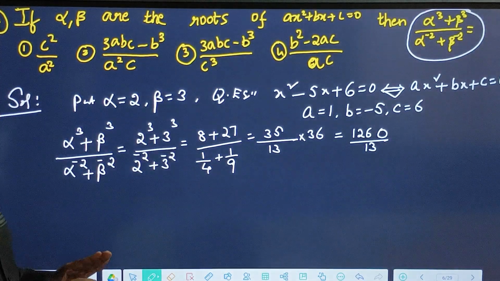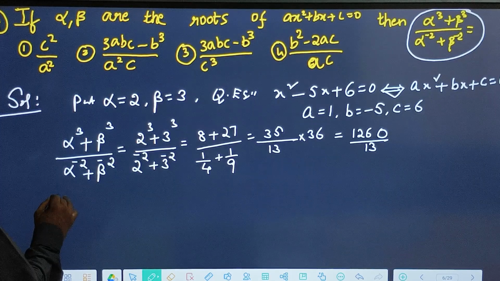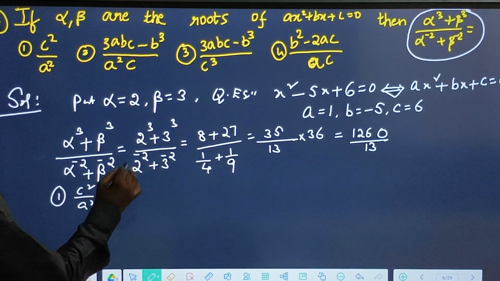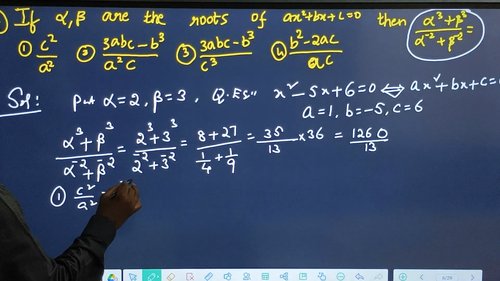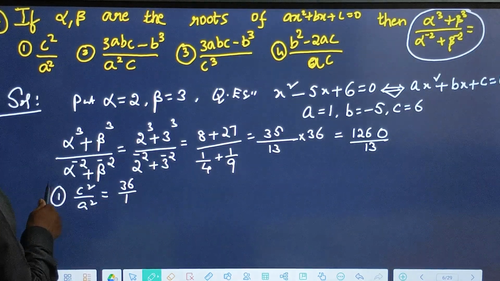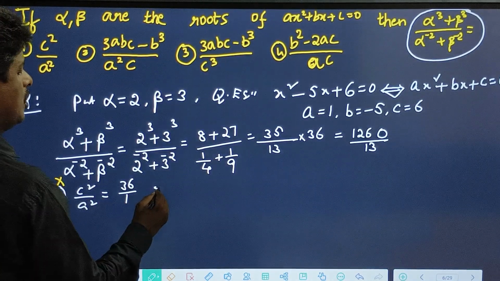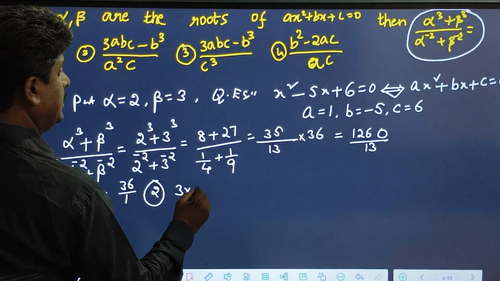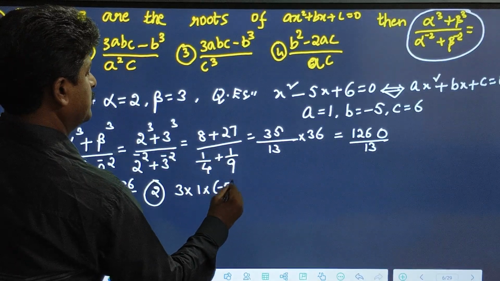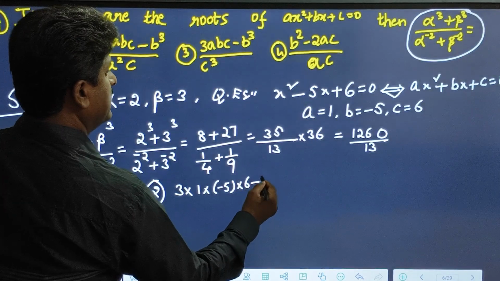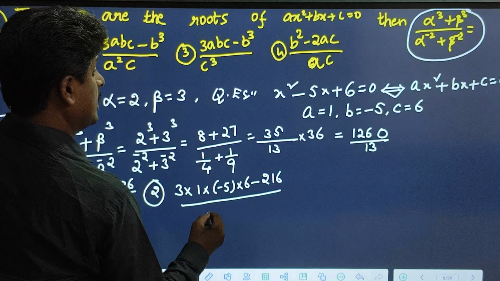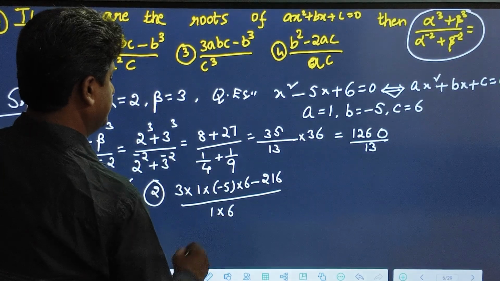Now let us simplify the options. Option 1, c square by a square, c square will be 36 by 1. This is not correct. Option 2, 3abc minus b cube by a square c: 3 into 1 into minus 5 into 6 minus b cube 216, by a square c, 1 into 6.